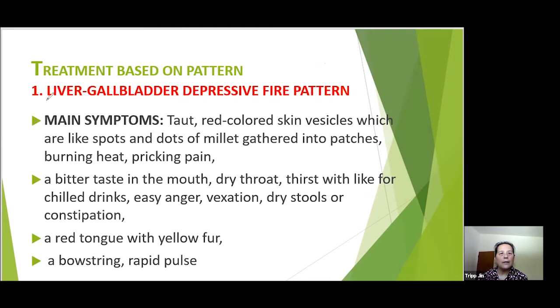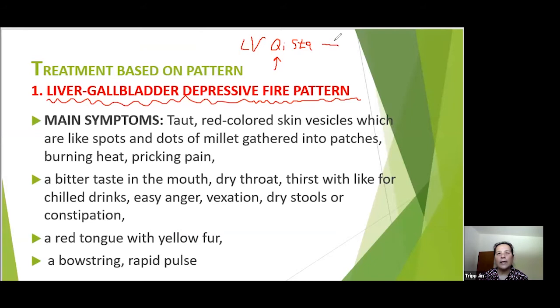The first pattern we talk about is liver and gallbladder qi stagnation, which then causes some fire. A common issue of the liver is qi stagnation. That's because the liver's function is to spread and drain, what we call moving qi. So when the liver loses its function, the main problem is qi stagnation.